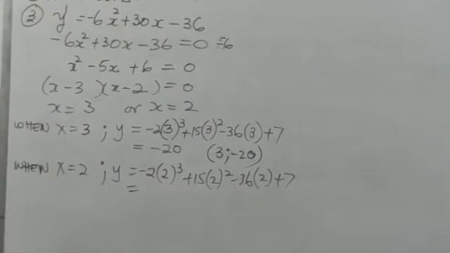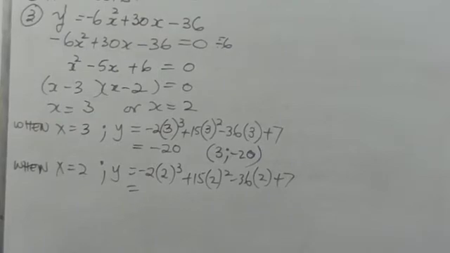It's negative 2 times 2 cubed plus 15 times 2 squared minus 36 times 2 plus 7, and we get minus 21.